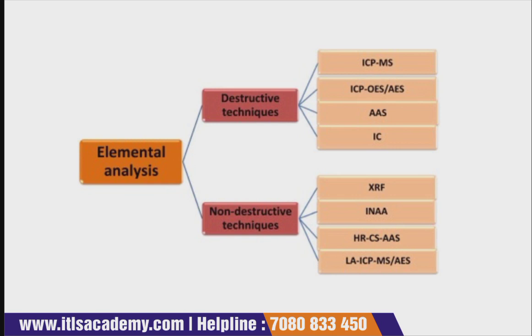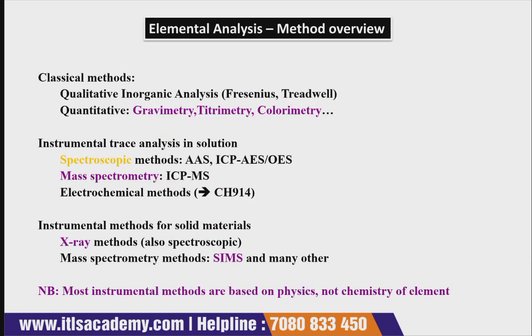Okay, now let us understand the elemental analysis overview. If you are talking about a method overview, basically there are two methods. The first is the classical method. Classical methods are of two types.